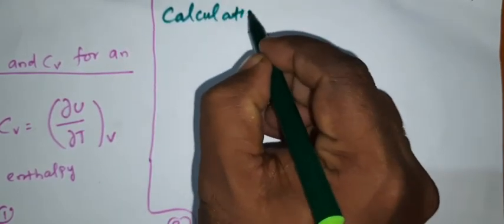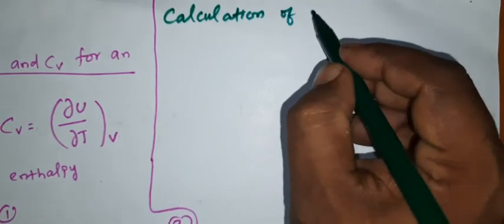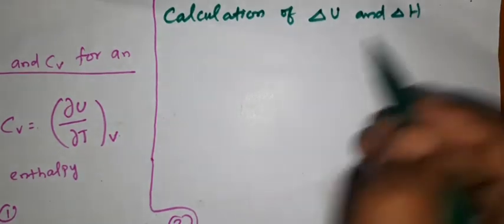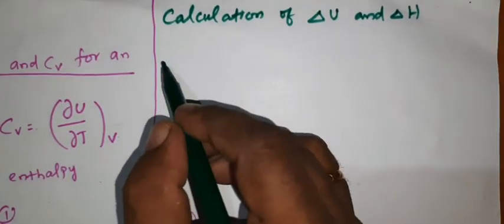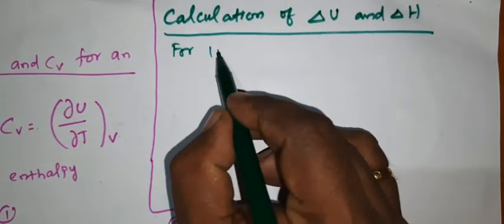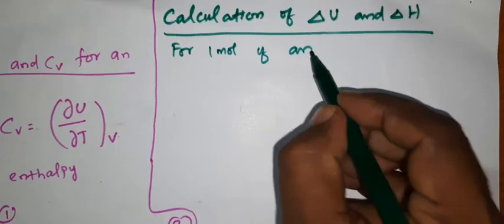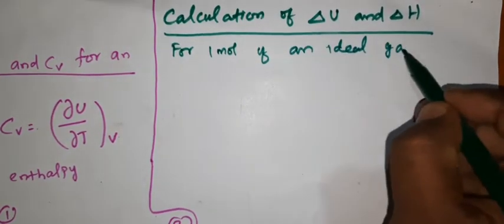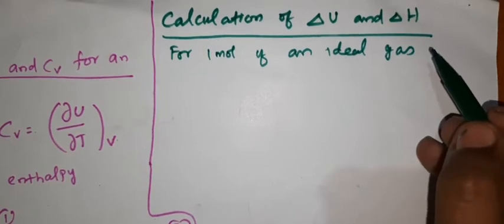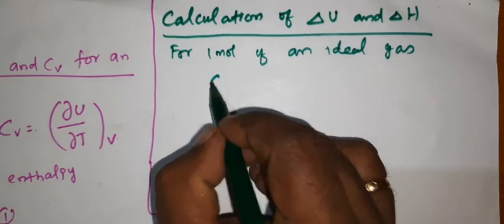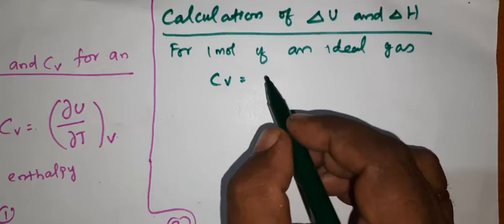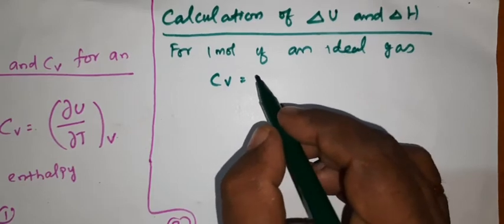Now we are going to learn about the calculation of delta U and delta H. For 1 mole of an ideal gas, we know that Cv is equal to dou U by dou T, but here we are going to write dU by dT.